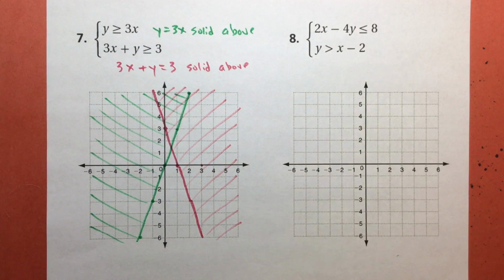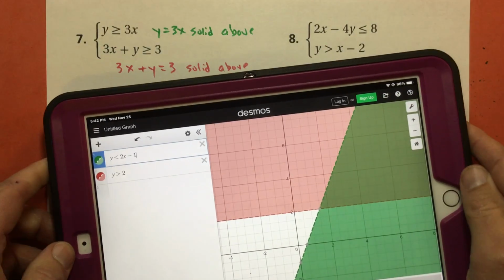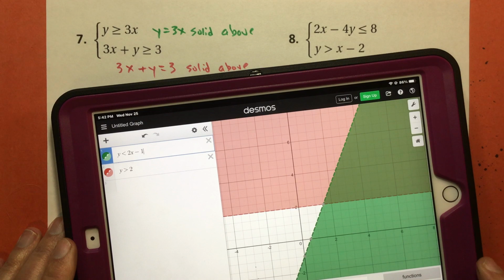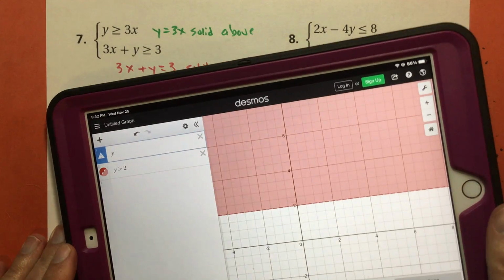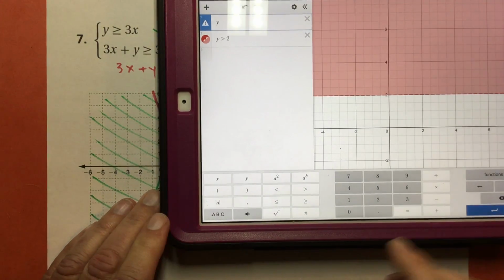And I will do this one with Desmos again, just so that you can see it. So let me back up this one. Y, and I'll put this in the screen so you can see it.